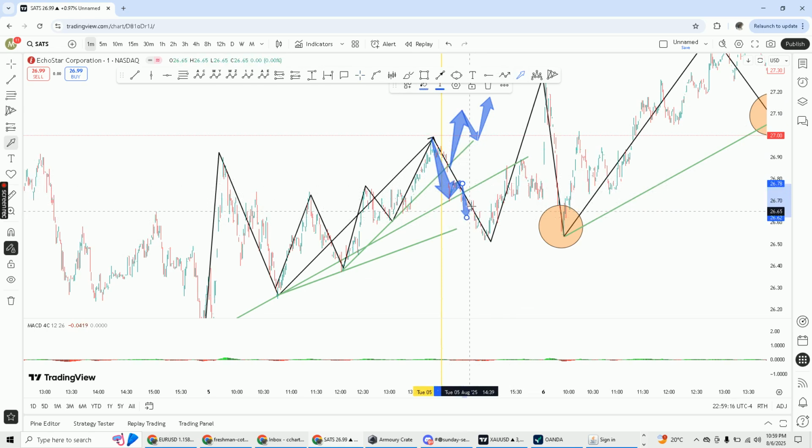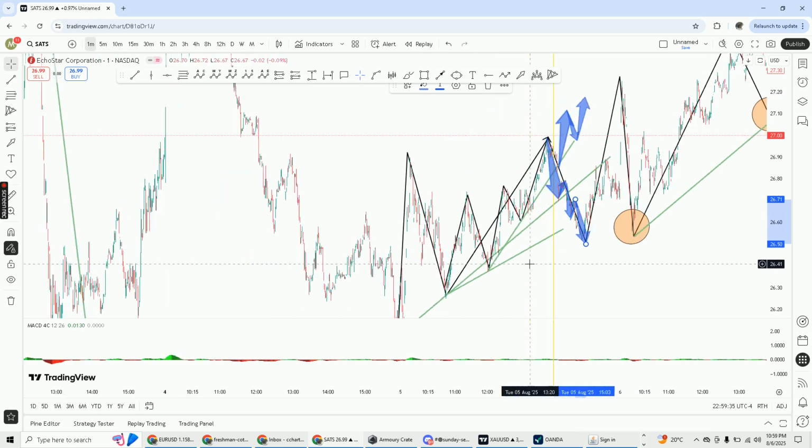That's all price can do. Once you draw your trend line, either it's going to break the trend line and keep going down, or it's going to bounce off the trend line, so to speak, and continue trending. It's either going to continue trending or break the trend line and trend in the other direction. That's all it's going to do.